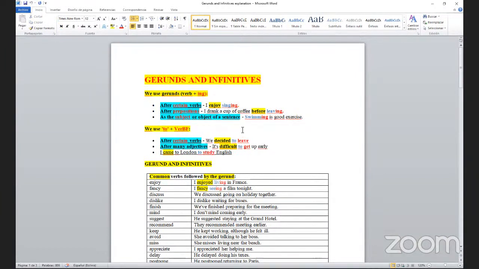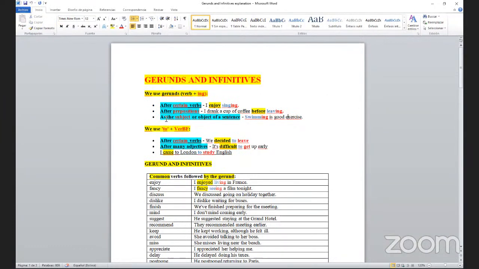For example, what is a preposition? It is like this, right? Before, for, about, in, right? So after prepositions, always, we are gonna use gerunds if we want to talk about actions. So I drank a cup of coffee before leaving. Okay, leaving in gerund way.